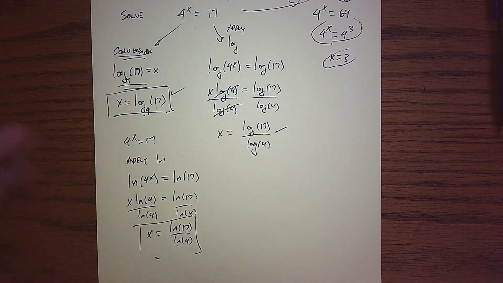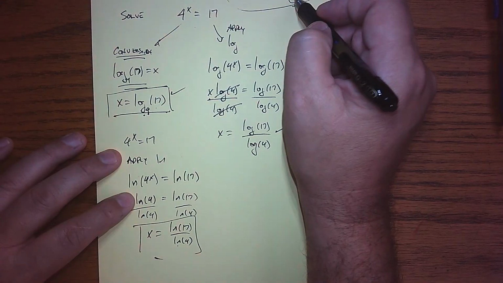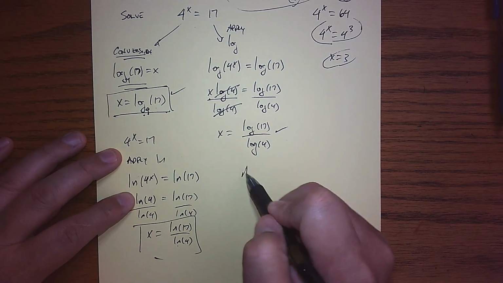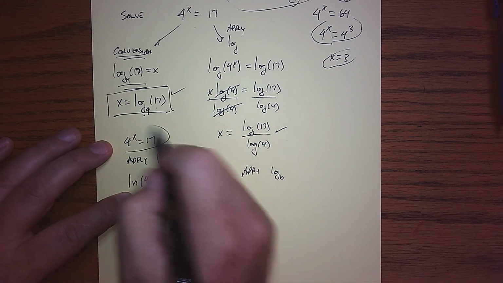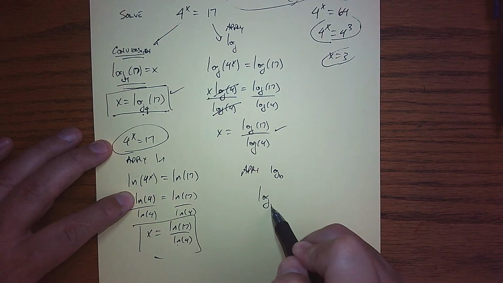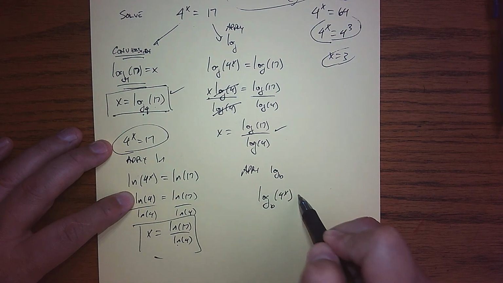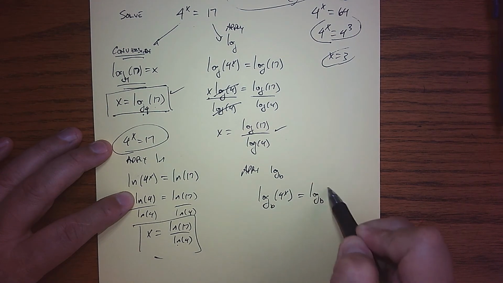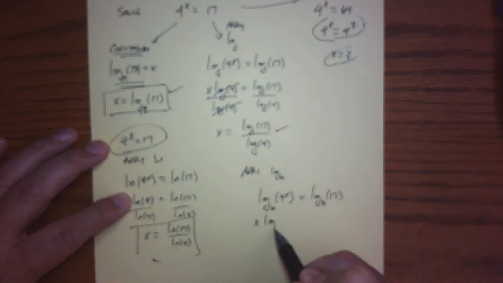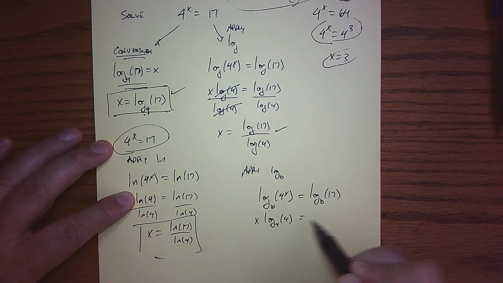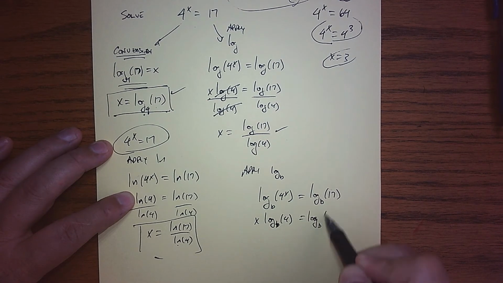So we can keep going on and on. What if I apply any log, log base b? If I apply it to that, we get log base b of 4^x equals log base b of 17. My exponent power rule works, so we get x times log base b of 4.